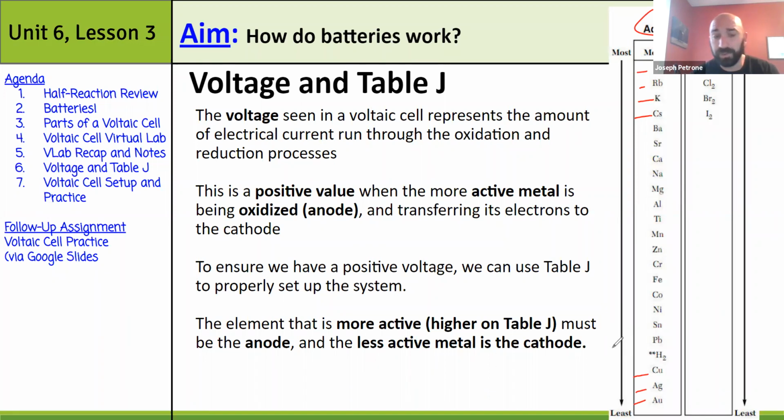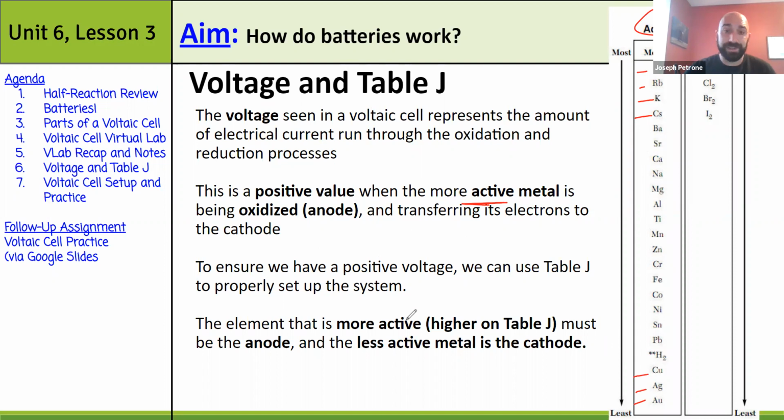Gold, silver, and copper specifically are oftentimes used for jewelry because of their slow reaction time. So the higher on this chart the element is, the more active it is and more likely to want to undergo oxidation.